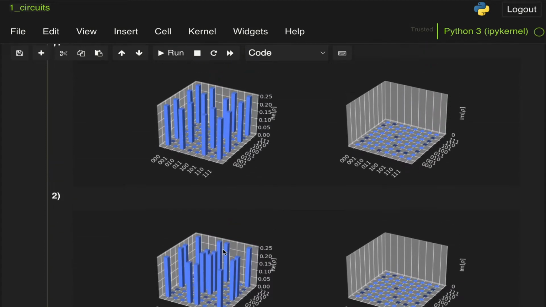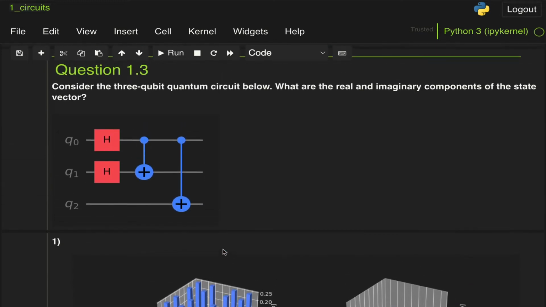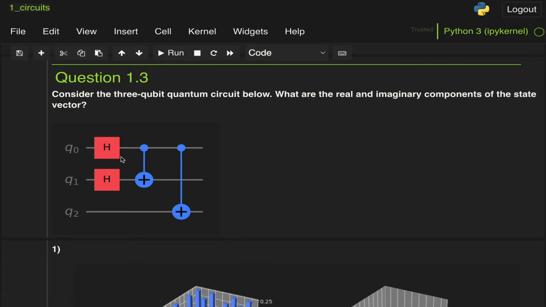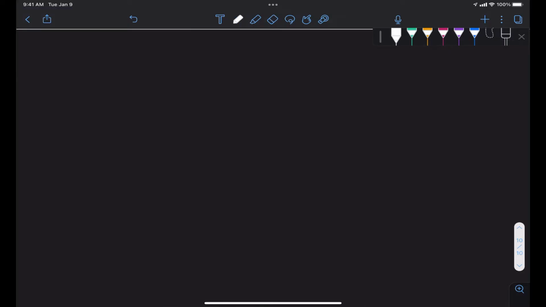But before getting to the plot itself, let's first look at what is the output state corresponding to the circuit, assuming that the input state is 0, 0, 0. So let's go and draw our circuit.